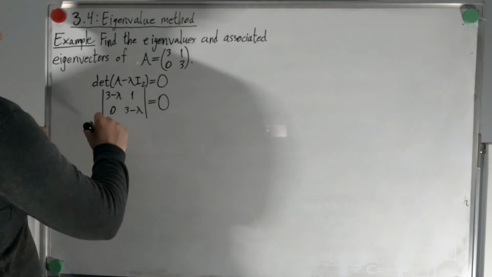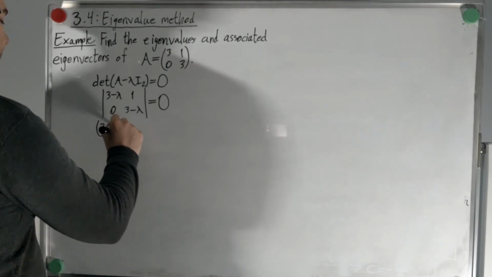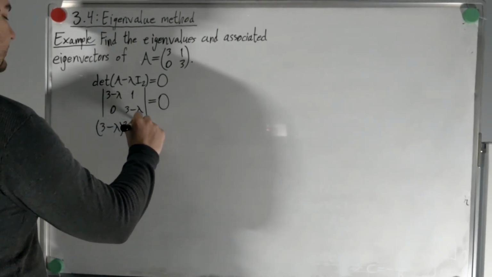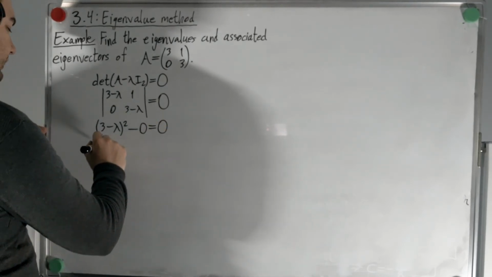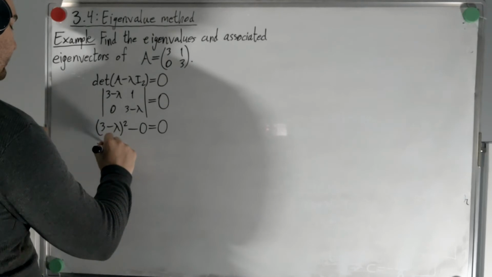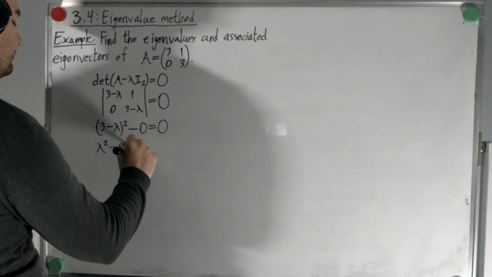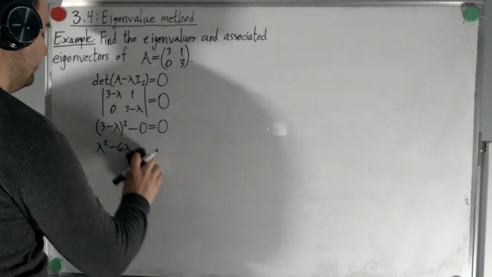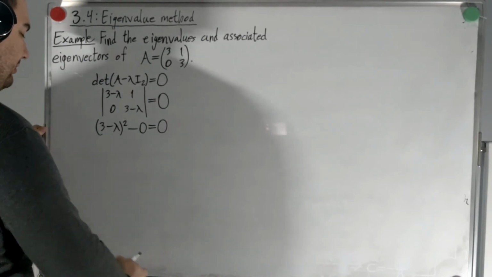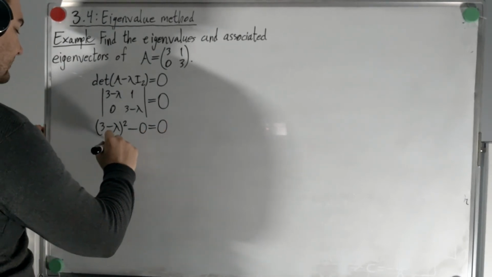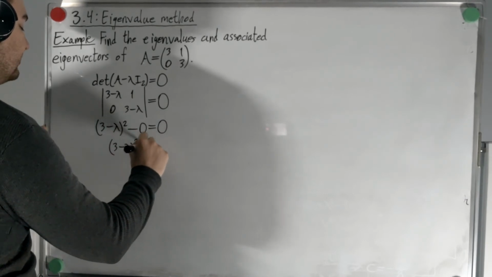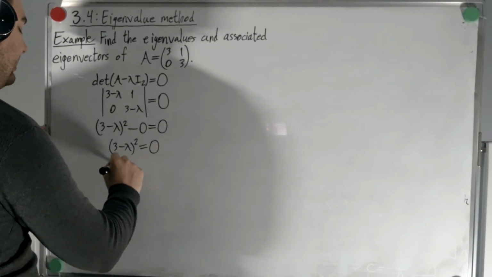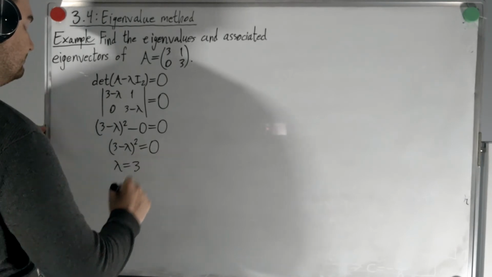You do the determinant, you get 3 minus lambda squared minus 0 equals 0. This turns into lambda squared minus 6 lambda. Well, actually, no. Why am I distributing it when it's already factored for us as 3 minus lambda squared equals 0? So therefore lambda has to be 3.